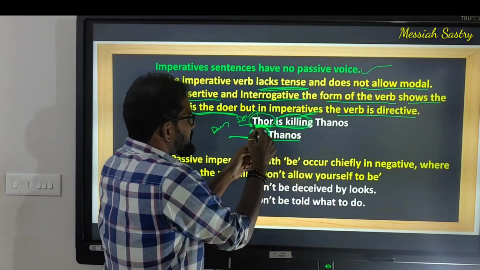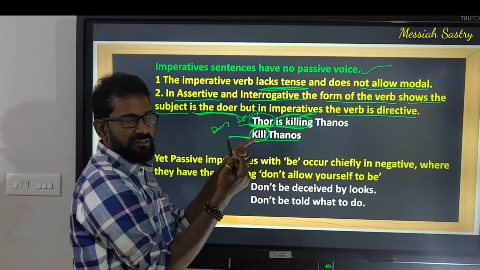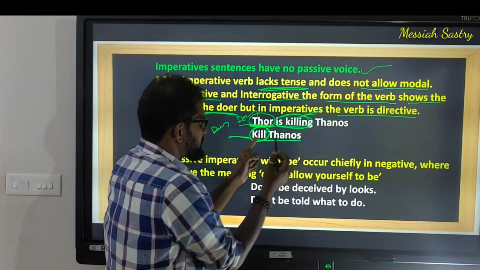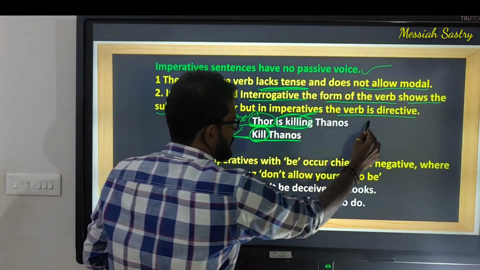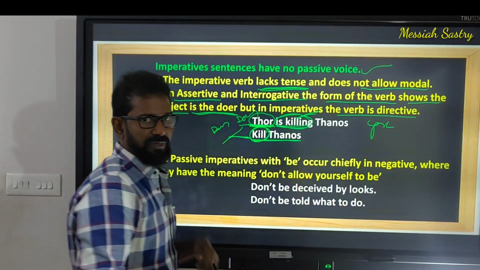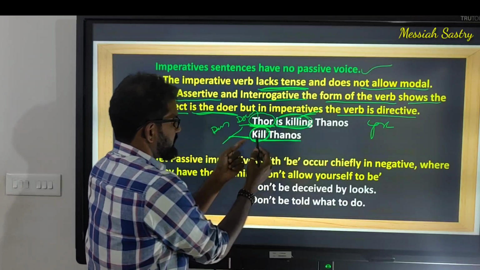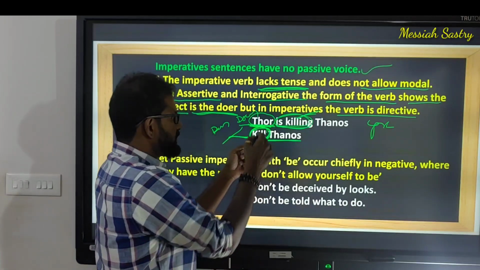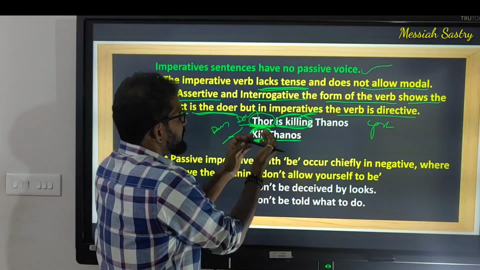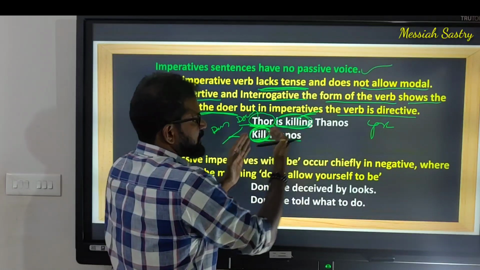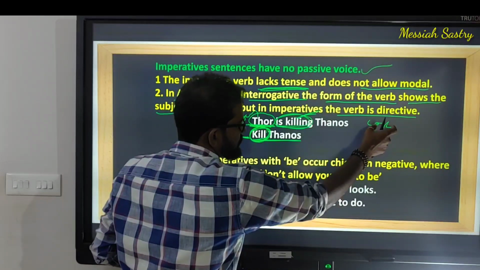Here, the subject does the action, whereas in imperative sentences, of course, the subject is understood, you. The verb here is assigning or asking the subject to do something.